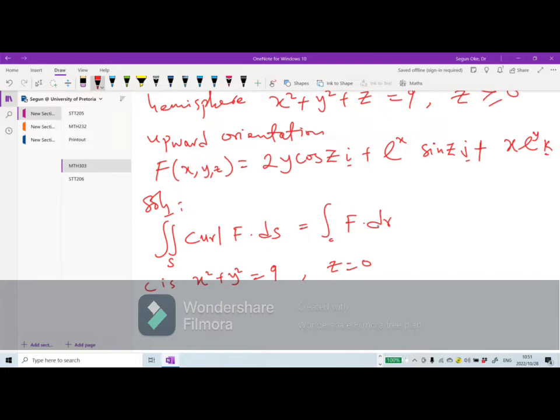Remember, they gave us the condition z is greater or equal to 0. So choose z equals 0 so that we can have our circle.